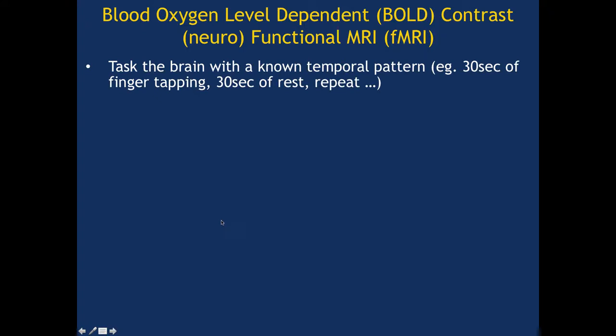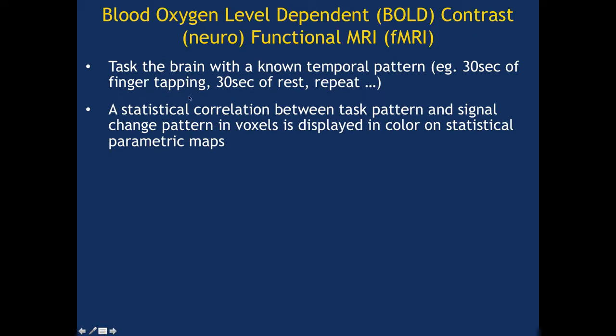So the typical task-based approach in fMRI of the brain is to turn on some task or have the brain work, say, a motor task, finger tapping, and do that 30 seconds on, 30 seconds off, 30 seconds on and off, and just repeat that many times.